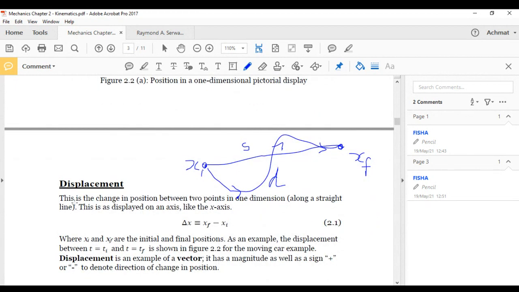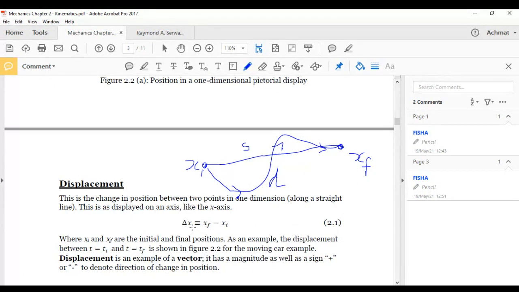Let's continue. They say here, displacement is the change in position between 2 points in one dimension, that is, along a straight line. So this will be displayed on an axis, like an x-axis, a vertical axis or a horizontal axis, but all the positions will be along one straight line.